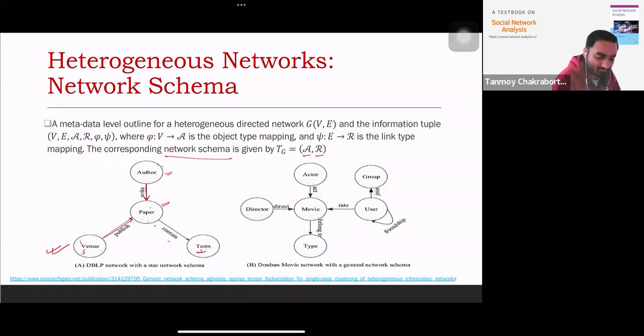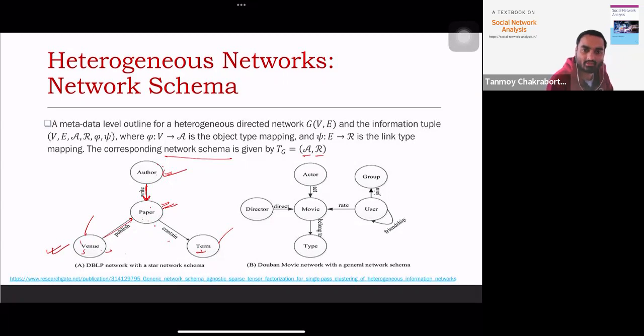What is permitted is that if you really want to connect two nodes through the link write, the source node would be an author and the destination node would be a paper. It also says that you can't connect a venue node with a term node by the link relation publish. You are only allowed to connect a venue node to a paper node via the relation publish, right? So this network schema in some ways restricts you from making connections in an arbitrary manner.